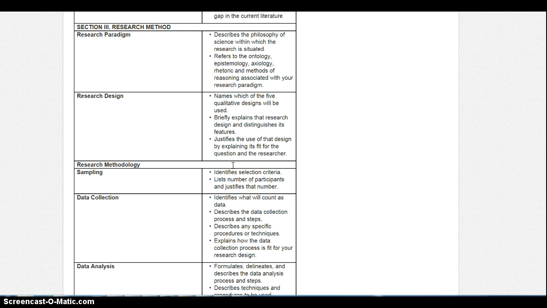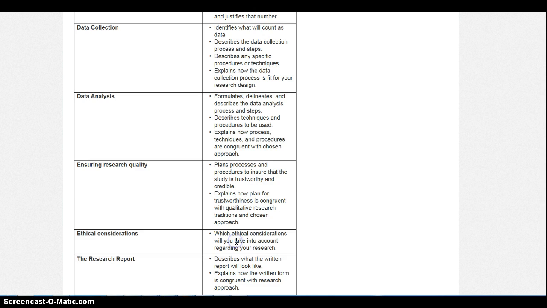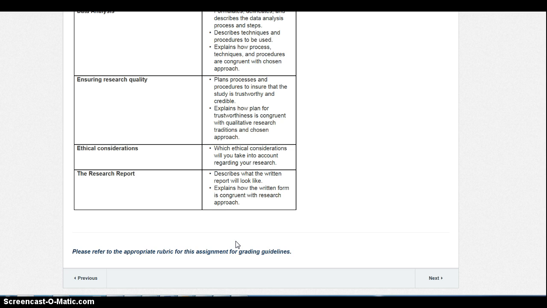Data collection. What exactly do you plan to consider to be your data? Is it pictures? What kind of pictures? Is it observational data? How would you be observing your sample? So provide a description of your process and steps in terms of data collection. The same applies to data analysis.